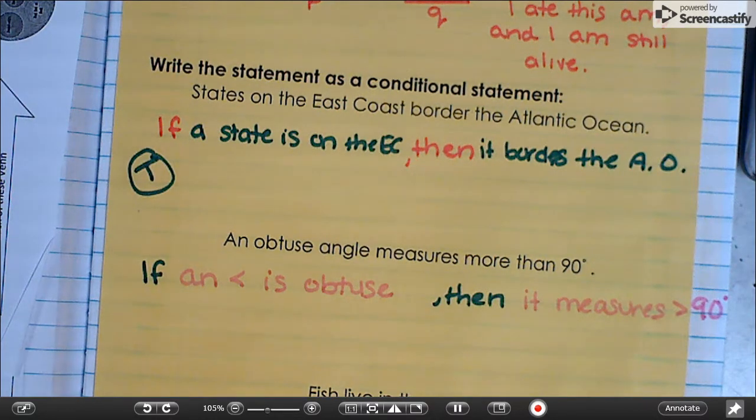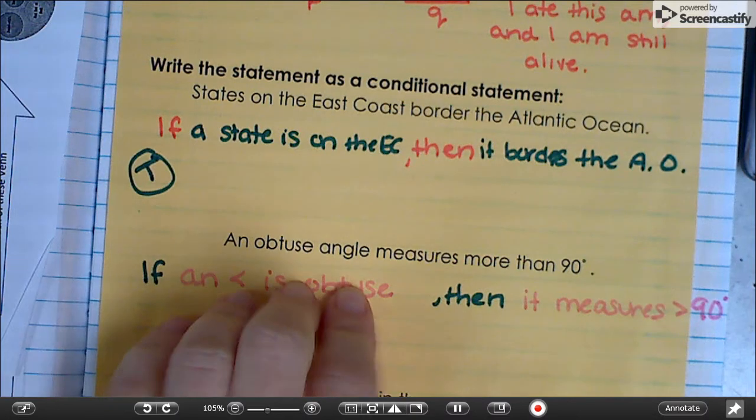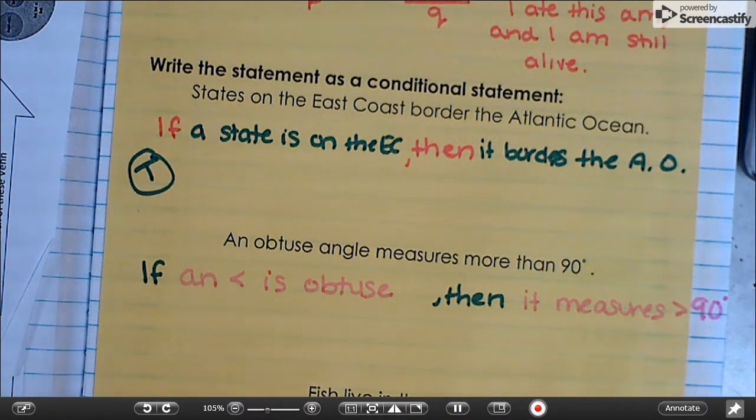Do you see how that works? And your wording might be slightly different from mine, but the obtuse part needs to be here, and the greater than 90 needs to be there. As far as deciding whether this is true or false, it seems at a glance like it would be true. Obtuse angles are greater than 90 degrees. But it's got another boundary.